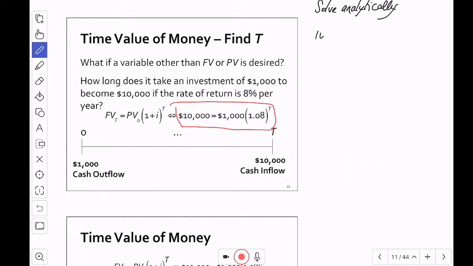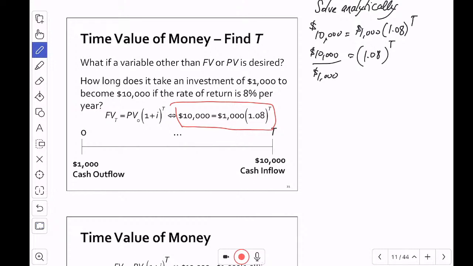So I take what I've written. I want to isolate t, so I have to conduct these opposite operations. That's being multiplied, so I need to divide it. And then t is an exponent.